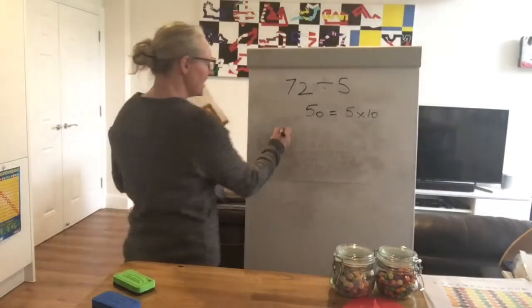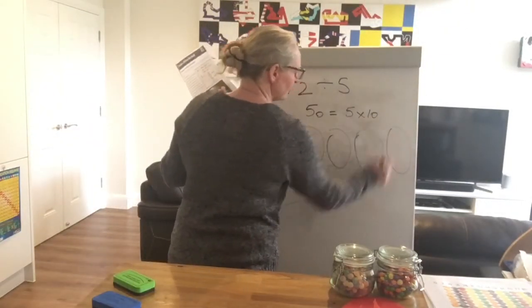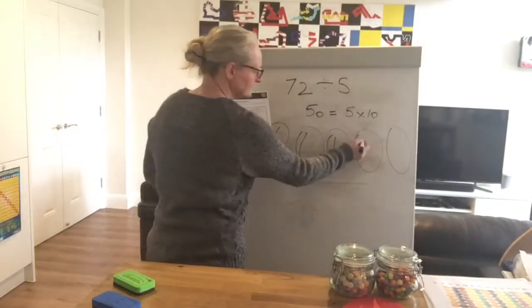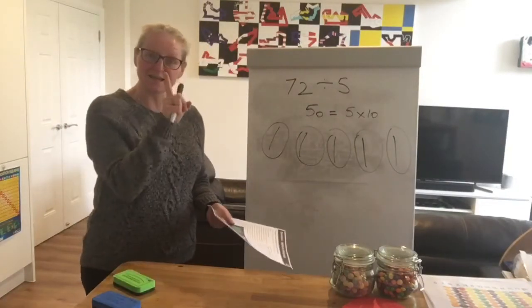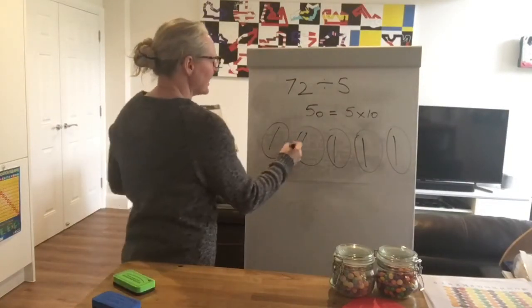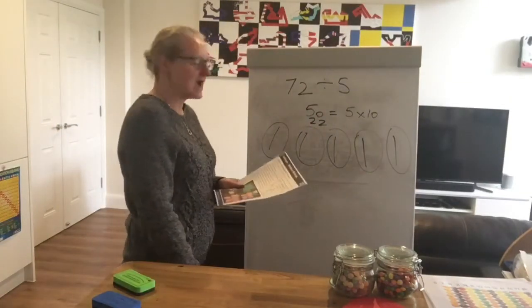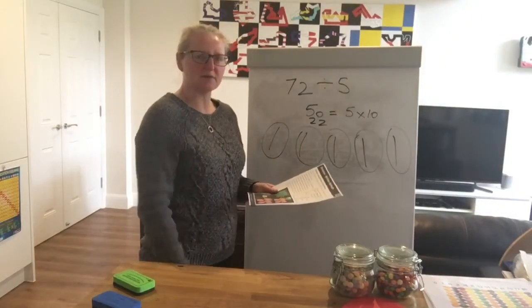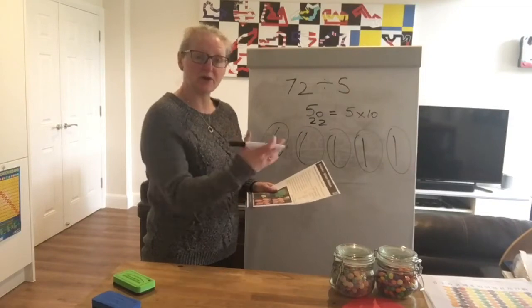Okay, so I know in each one of my 5, I can give them 10. Yeah? 10 signified by my Dean stick. So then what I have left is 22. Okay? And 22 then I can look at and go, what 5 times table is close to 22 but not over it?